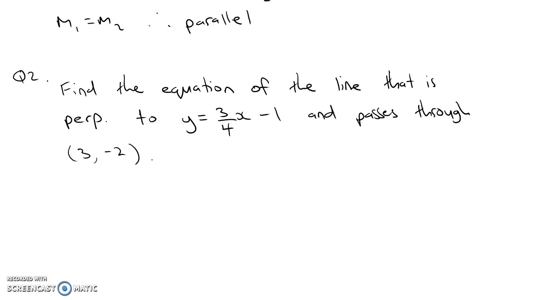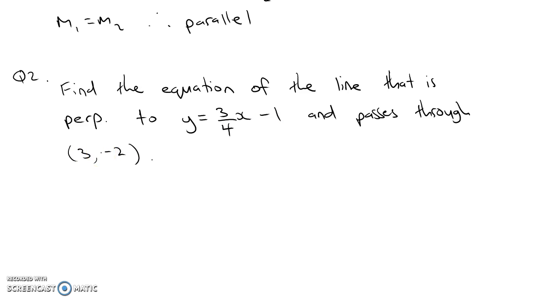So this one's a little bit different to the previous question. I've given you one line and I want you to find the equation of the line that's perpendicular to it, given that it passes through this set of coordinates right here.